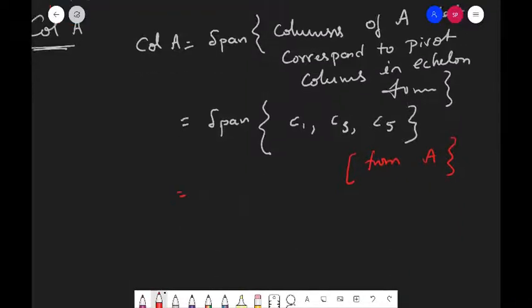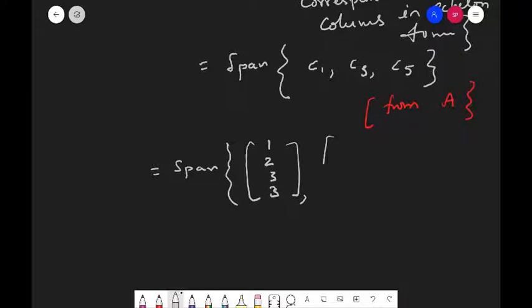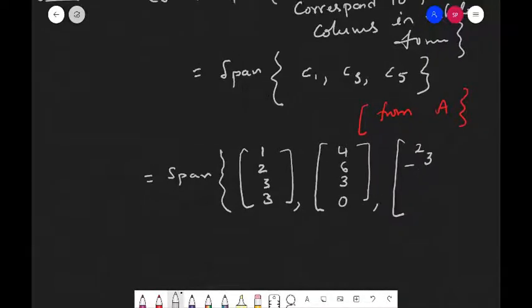So this is equal to span of, so what is the first column given in the matrix A? That is 1, 2, 3, 3, and then next is C3, third column 4, 6, 3, 0, and fifth column 2, minus 3, minus 3, 0.